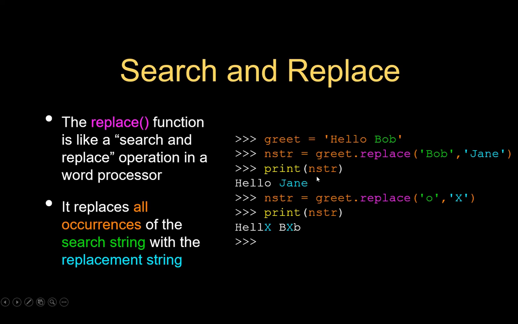When we print NSTR, we see that Bob has changed to Jane because of this search and replace function. Another example with the same string: we're going to replace the character O with uppercase X. So here we're going to have this replacement because of this search and replace function.